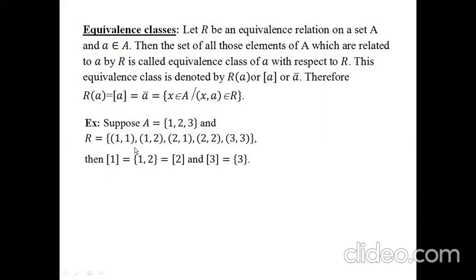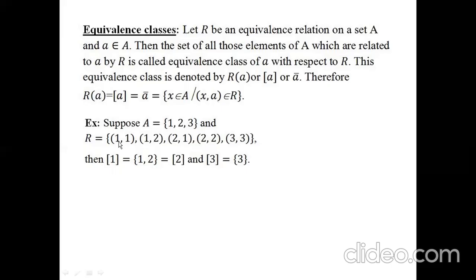So we observe here 1 is related to 1, correct? And then 1 is related to 2. That's all. So we are taking all those elements X which are related to A.